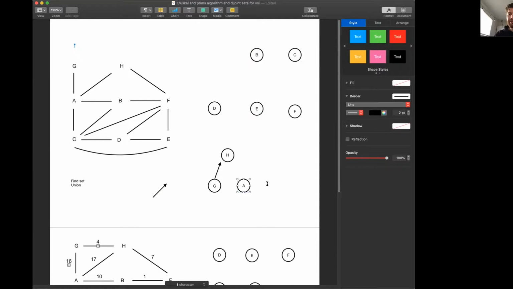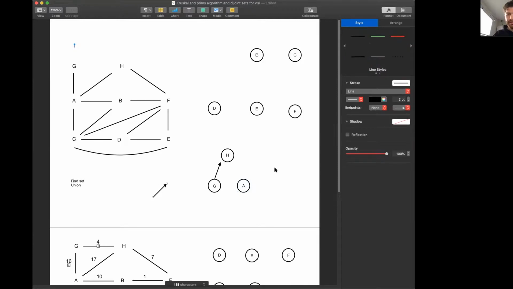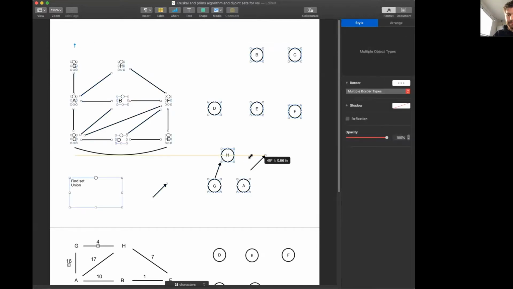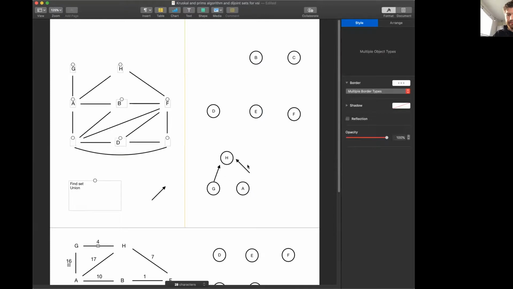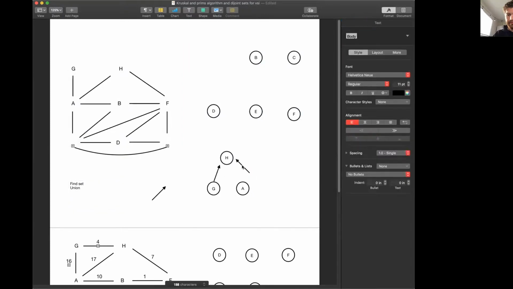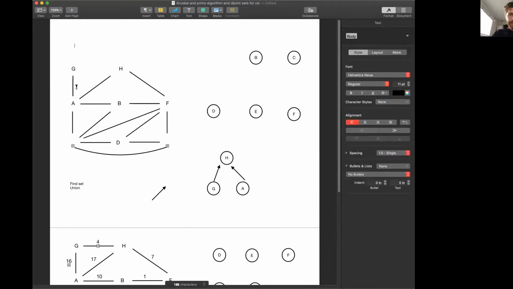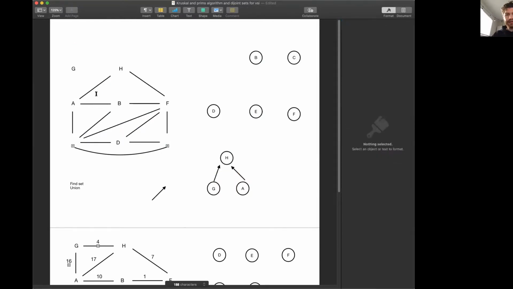It's different than join by rank, but it's very similar in idea. So I'm going to join A to H this way. I process this edge, so I'm going to get rid of it.